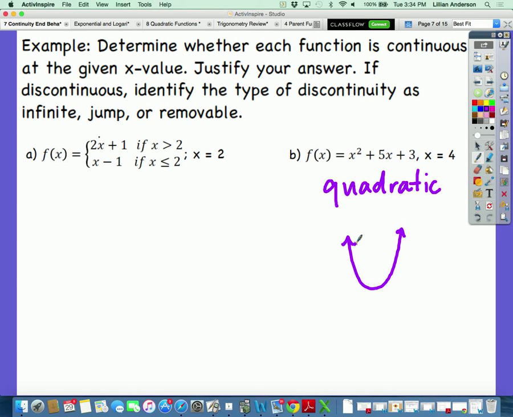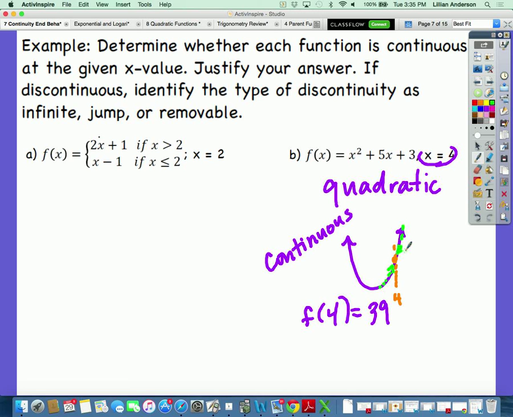I'm not. So all quadratics, no matter what x is, are continuous. Okay? Think about it. If I do f of 4 and I plug it in, I end up getting 39. And wherever 4 is located on the quadratic, I'm always approaching that y value from the left and from the right side.